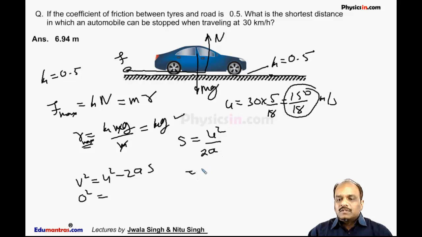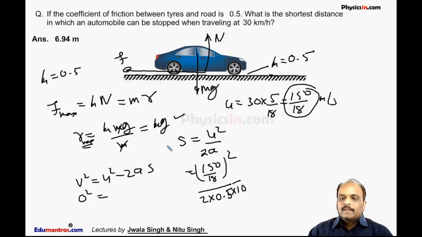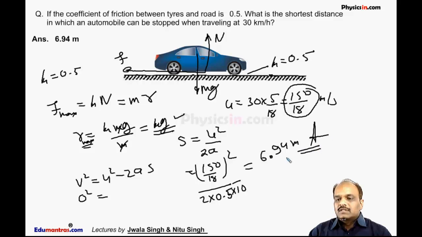So S is equal to U square, means 150 by 18 whole square, divided by 2 into a, means 2 into 0.5 into g. A is mu g. So from here we get this as 6.94 meter, and this is the answer. This is the minimum distance in which this car can be stopped.